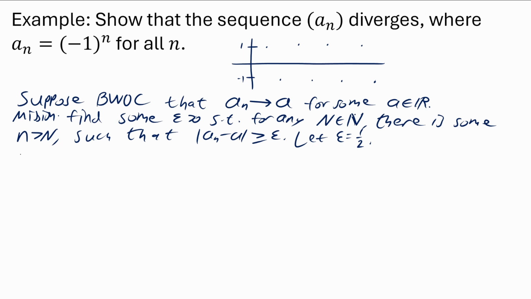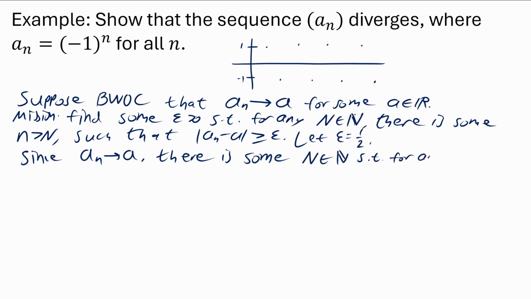Since a_n goes to a, this is the thing we're assuming for the sake of contradiction, there is some N, which is natural, such that for any n bigger than N, the distance between a_n and a is less than 1/2.